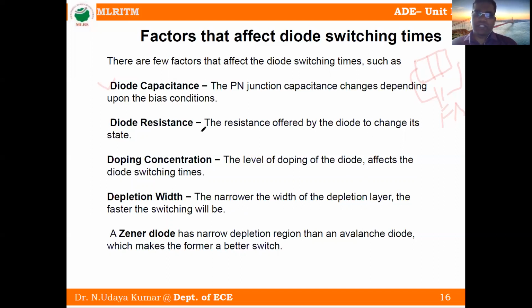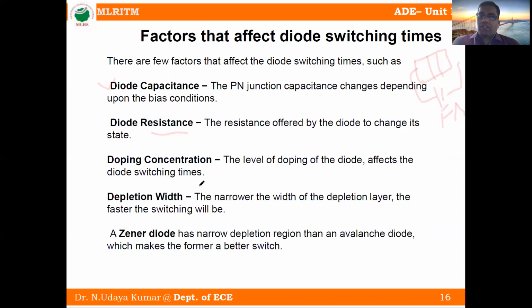Next one is diode resistance. The resistance offered by the diode to change its state. Diode forward resistance also affects the diode switching time. Similarly, doping concentration. The level of doping of the diode affects the diode switching time.